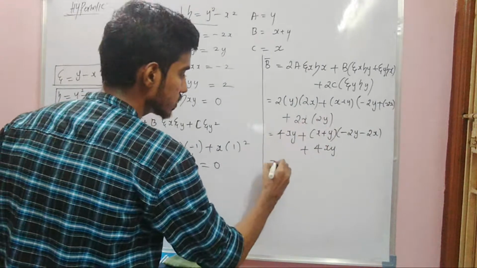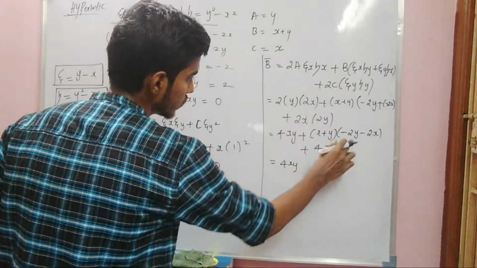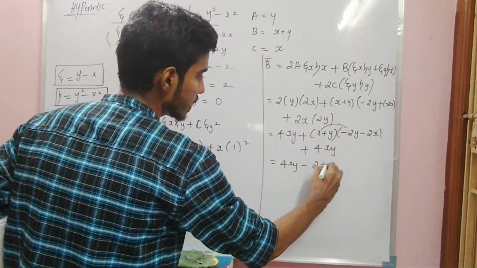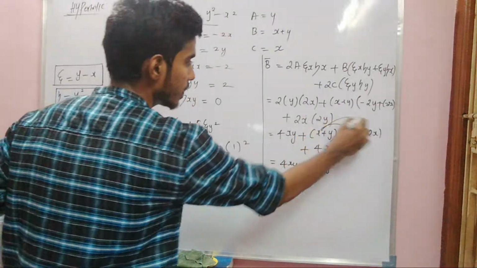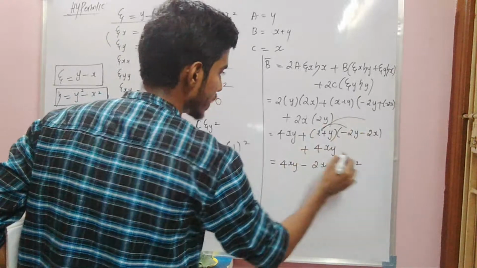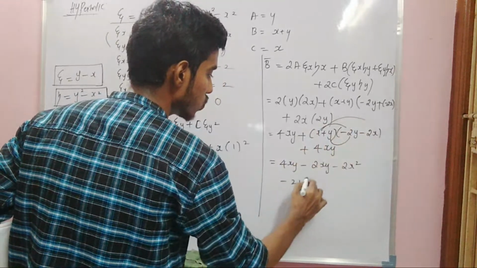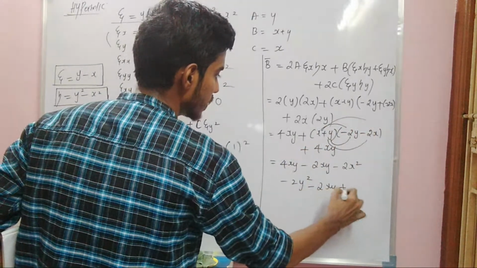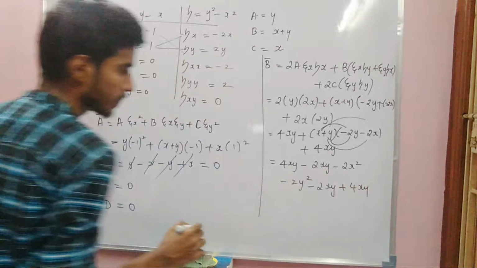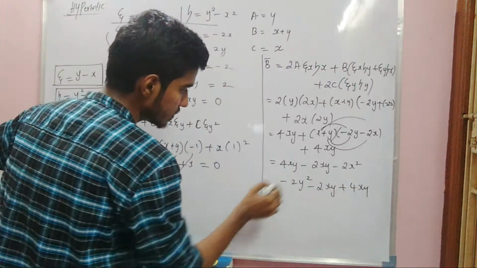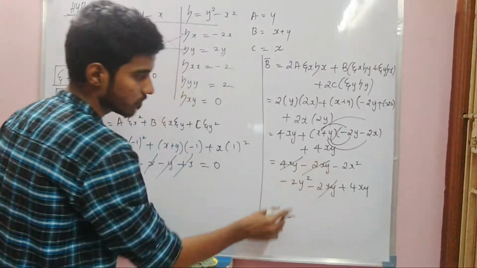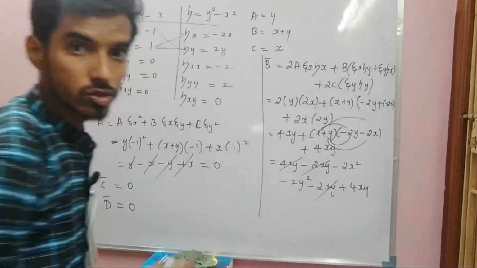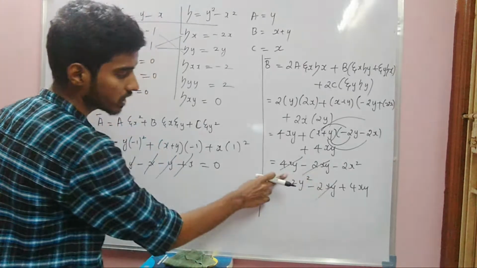Now to simplify this, when I simplify, we are going to have minus 2xy, minus 2x square, minus 2y square, and minus 2xy plus 4xy, right? Now you can see these will get cancelled, because minus 2xy minus 2xy is minus 4xy, so this 4xy will get cancelled.